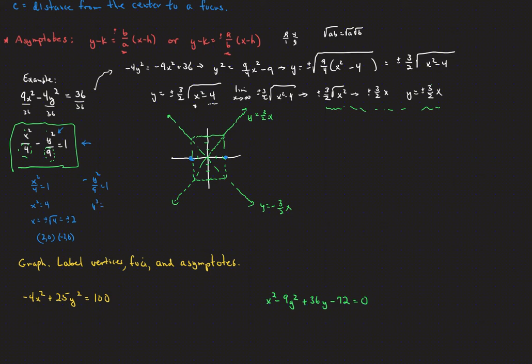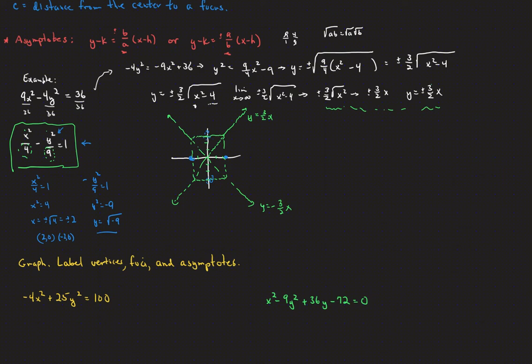When we multiply by negative 9, we've got a problem because the square root of a negative is not a real number, which is telling us that our hyperbola does not cross the y-axis. There's not going to be a point at these places here. We're just going to use that rectangle to get our asymptotes.